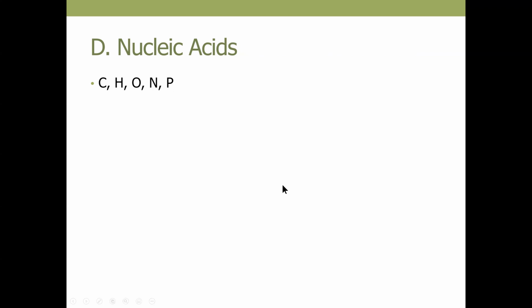Amino acids contain carbon, hydrogen, proteins contain carbon, hydrogen, oxygen, and nitrogen, and sometimes phosphorus and sulfur in the side groups, but always carbon, hydrogen, oxygen, and nitrogen because the nitrogen's in the amino group. Now we've got nucleic acids: carbon, hydrogen, oxygen, nitrogen, and phosphorus, okay? So nucleic acids contain these particular atoms. Structural unit is the nucleotide.